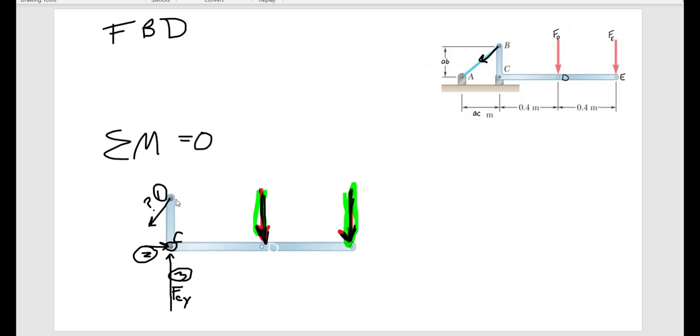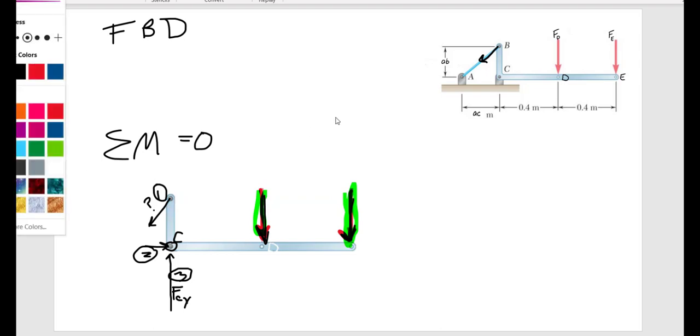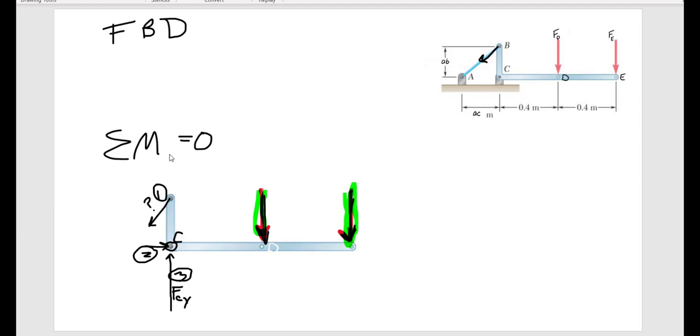If we took the moment around, maybe we'll take it around point C instead. If I took it around point C, that means I don't have to worry about any of the forces at C. And we would split this tension up.